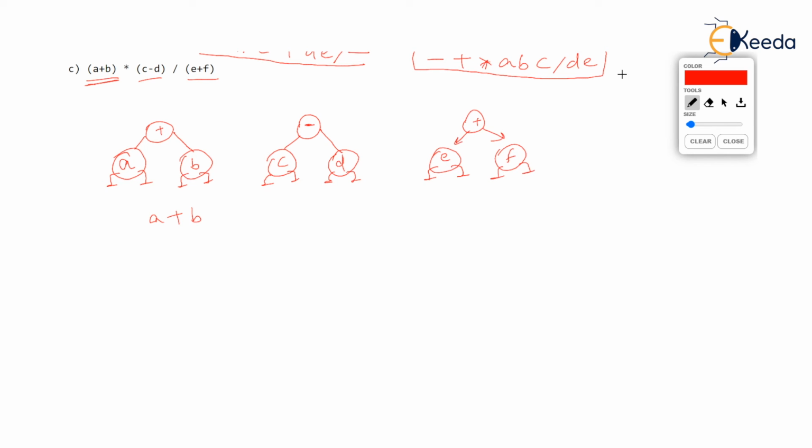Now what? Now multiply and slash remain. You will do multiply first because it comes first from left, isn't it? So you have multiply. What are you supposed to multiply? Check that.